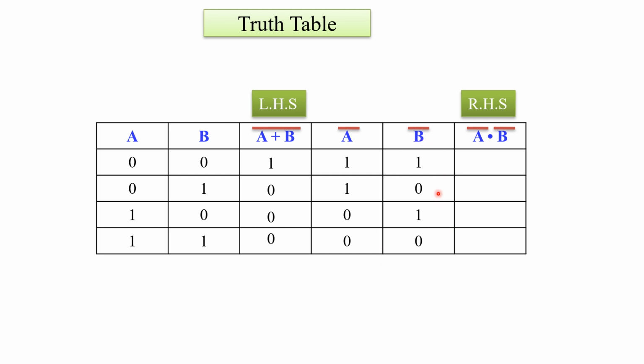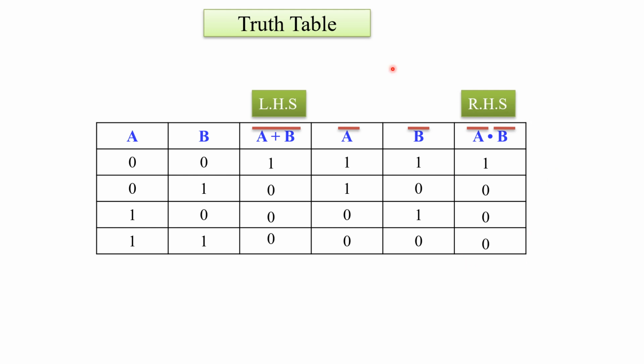So B bar is 1 0 1 0. Now we take the AND: 1 and 1 is 1, 1 and 0 is 0, 0 and 1 is 0, 0 and 0 is 0. So the right hand side is 1 0 0 0.